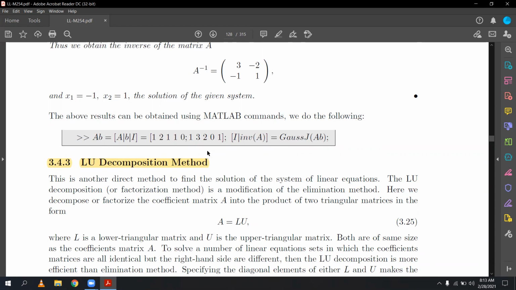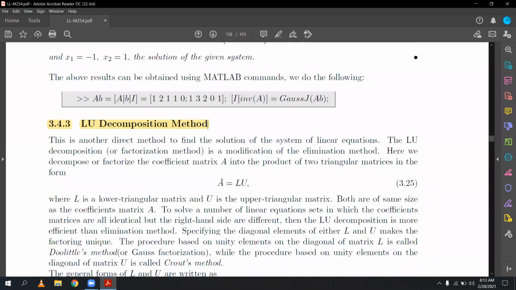In LU decomposition, what is the main thing we have to do? We have to convert our A into LU. L is the lower triangular matrix, U is the upper triangular matrix, and we have to find the values of L and U with the help of A, and then we can move further.